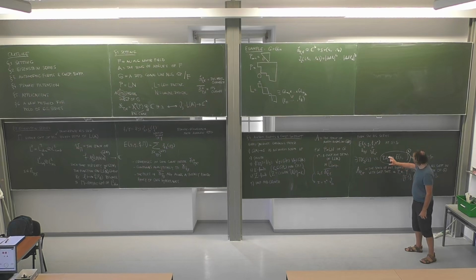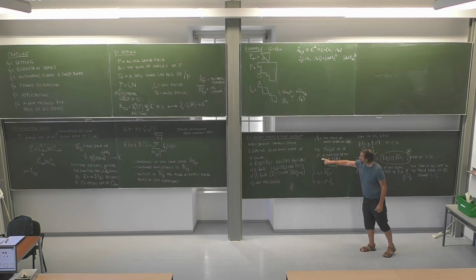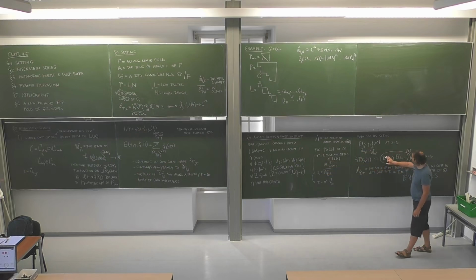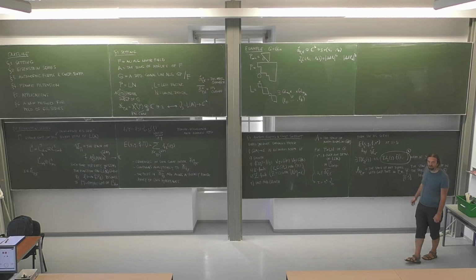And this is the reason why you don't have to look at the constant terms of Eisenstein series. You can just take the Eisenstein series with appropriate data and kill all the poles, and all the coefficients together give us automorphic forms with this given support.